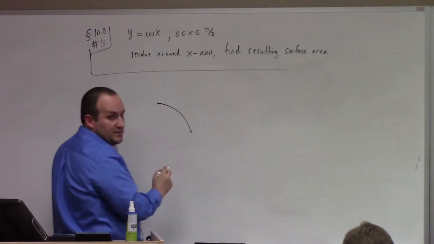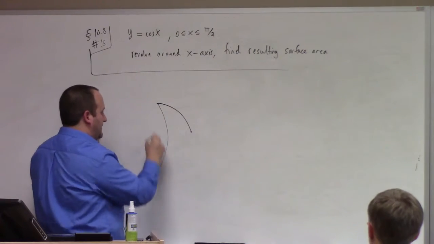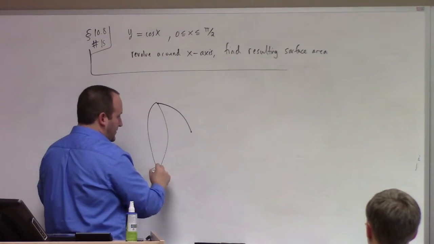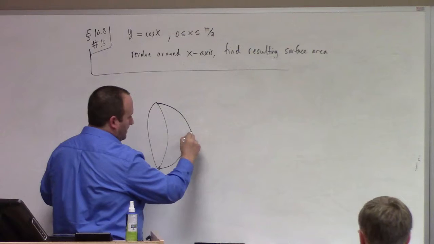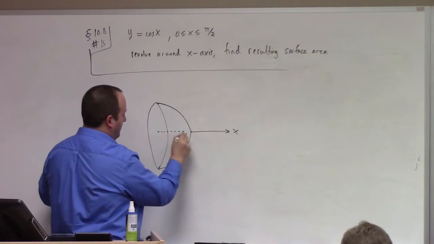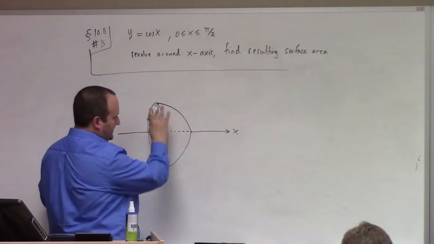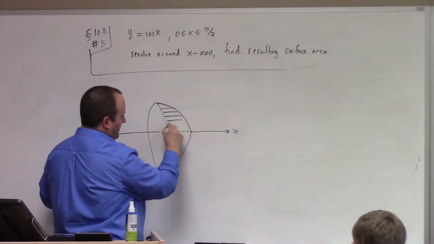It goes from 1 to 0. And so we're basically taking that and revolving it around the x-axis, like this, and trying to find the surface area of this shape.